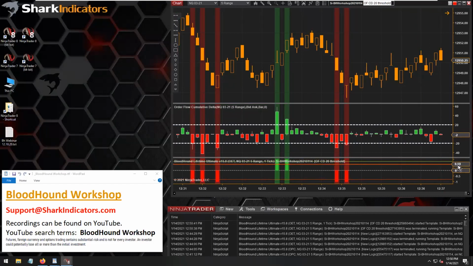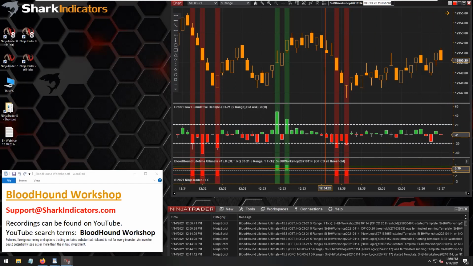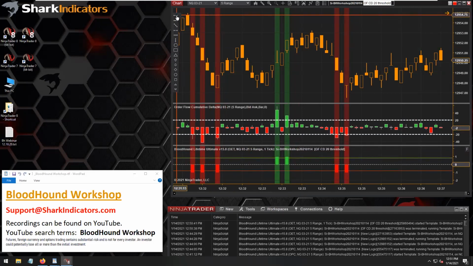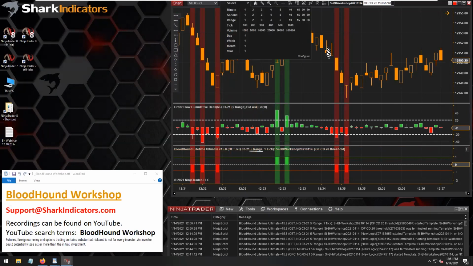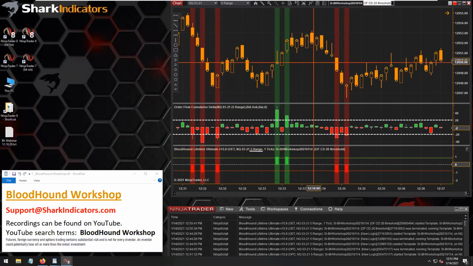And here's another little tip. If you're ever curious to know what secondary time frames your indicators might be using, BloodHound will actually tell you. Right here on the name, the first time frame, the 5 range, that's going to be your chart, the primary bars here.